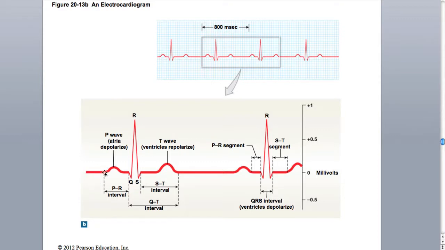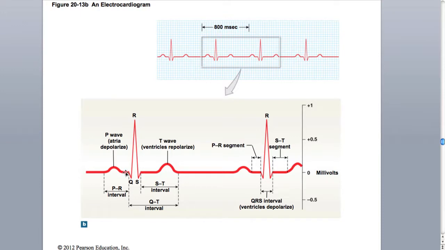So here we have a flat line and then a bump. This bump represents P wave or atrial depolarization. While I have this bump, it means that I am sending electrical conduction through the atria. And while that's going on, we see a flat line here. It means that while I have this going on, the bottom of the heart is now doing what?